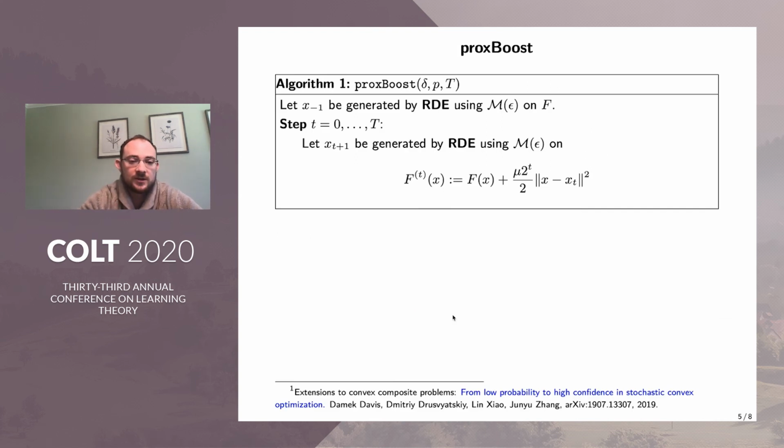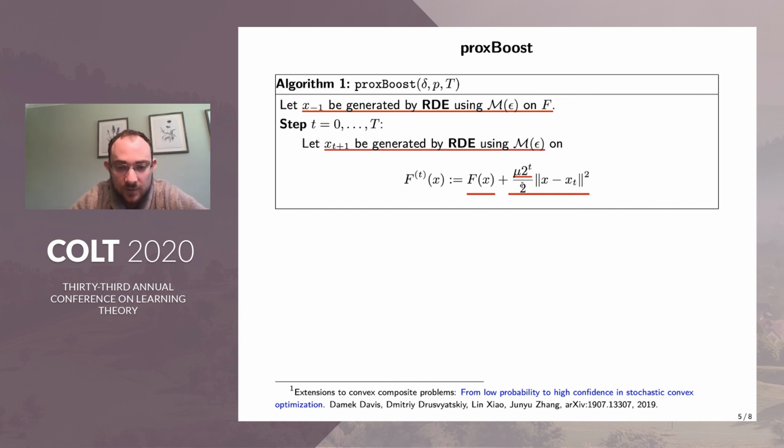The procedure we call proxBoost, and what it does is as follows. You begin by simply declaring x minus 1 to be the robust distance estimator on f. So you do whatever we just described once, but then you don't stop. In the t-th iteration, given an iterate x sub t, you define x sub t plus 1 as follows. You let x sub t plus 1 be generated by a robust distance estimator, but on a slightly different function: the original function plus a quadratic perturbation.